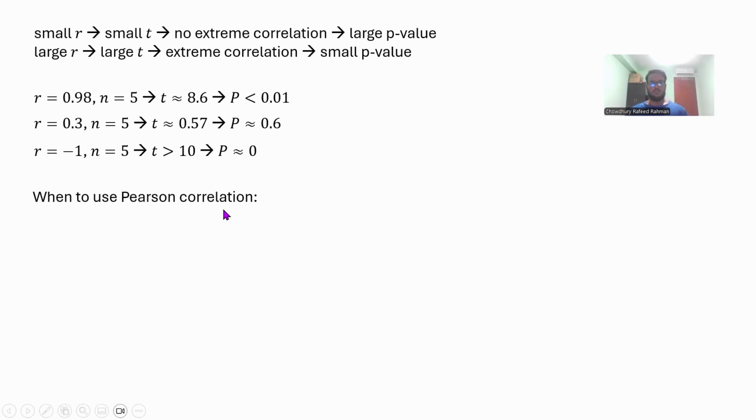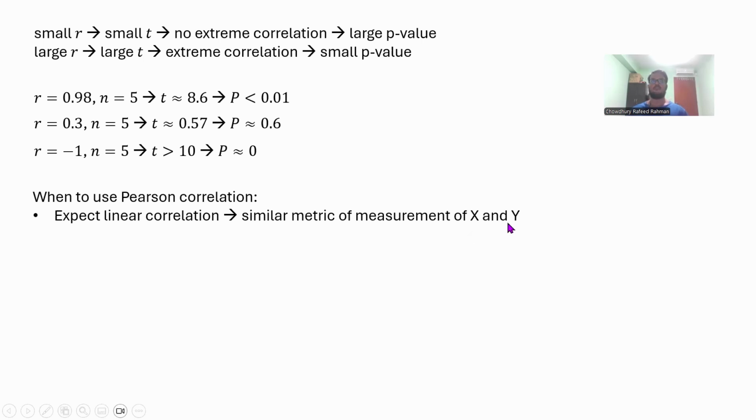So the question is, when do we use the Pearson correlation? So far we have talked about two correlations, one is Pearson and the other one is Spearman. First, we use Pearson when we expect a linear correlation, which means the metrics of measurement for x and y are similar. For example, you can correlate height versus height, weight versus weight, or tumor fraction versus tumor fraction.